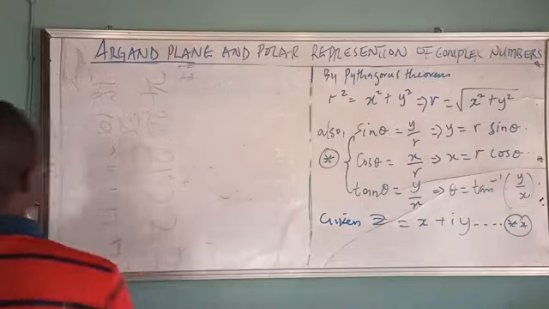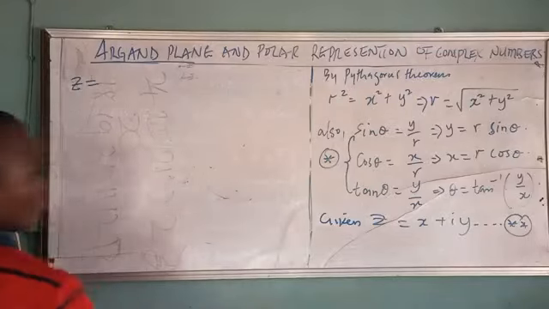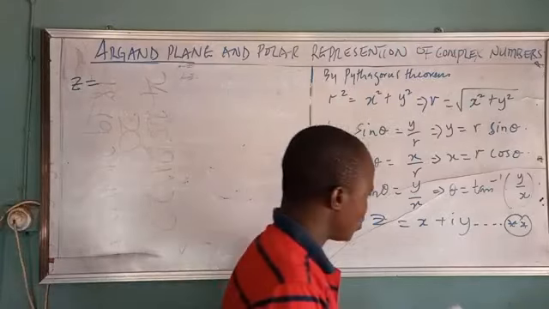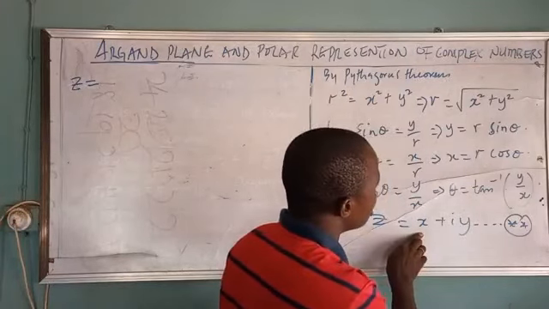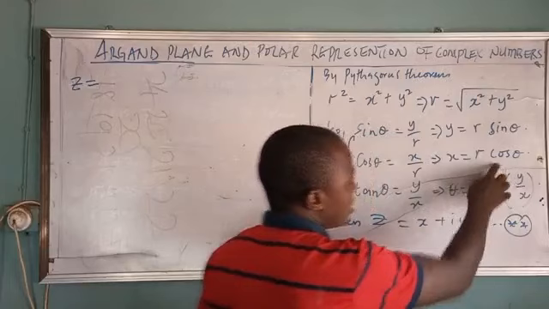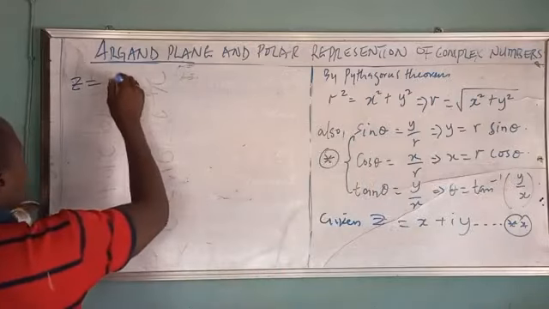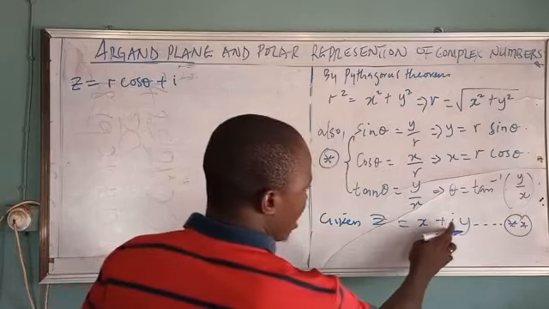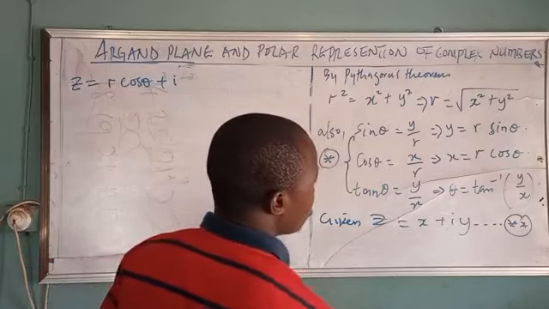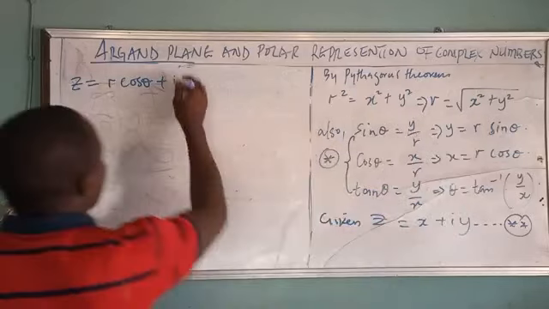Now from here, we can have z equal to, don't be confused that your x here is actually a. Your x in polar form is represented by r cos theta, plus i, and here we have our y to be r sin theta.